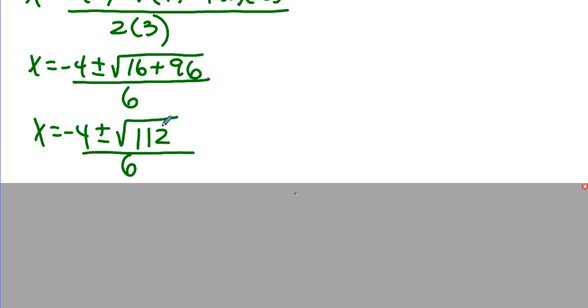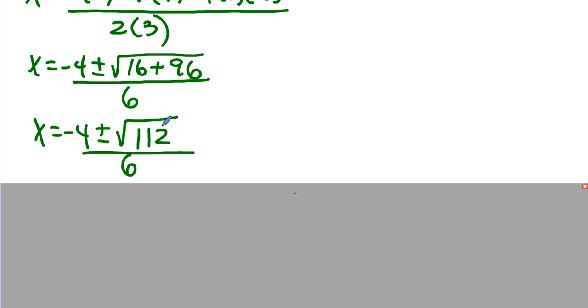Again, with radicals, you always want to put them in their simplified format. We're not using decimals, simplified radical form. So does 112 have any perfect square factors, or is it a perfect square itself? As we look at our table of perfect squares, we see where 112 lies. Work your way back towards 1 to see what's your largest perfect square factor.